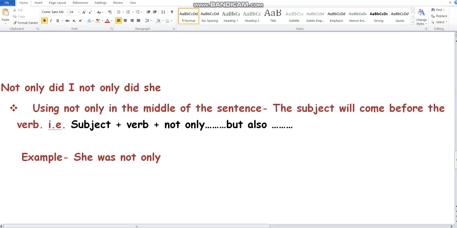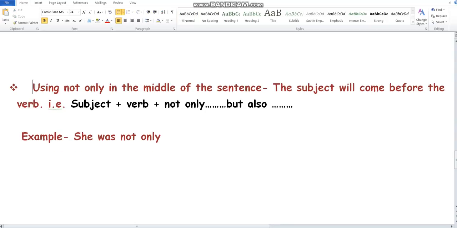So the verb comes before the subject. But when we are using not only in the middle of the sentence, the subject comes before the verb. So subject followed by the verb, followed by not only, but also, and then the rest of the sentence. So she was not only instead of not only was she.